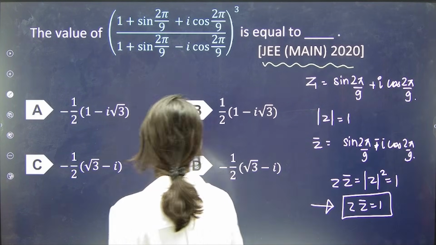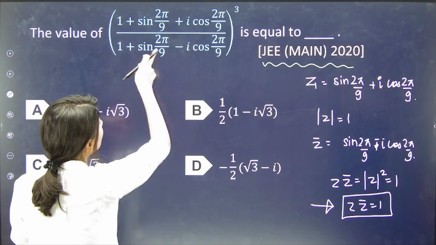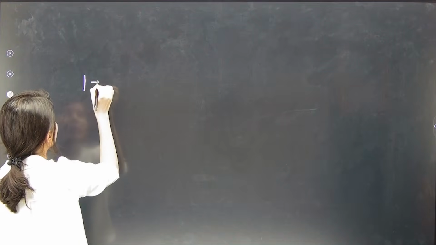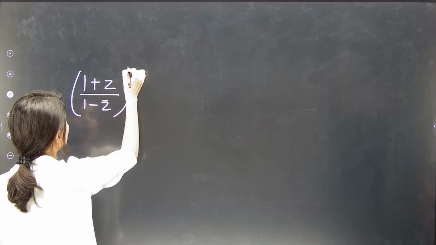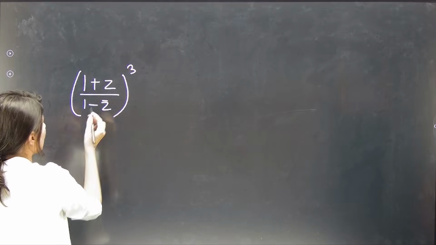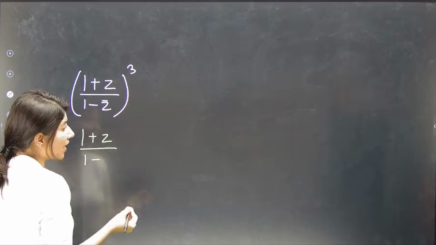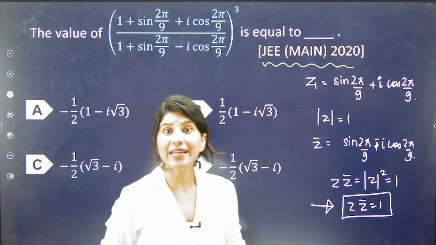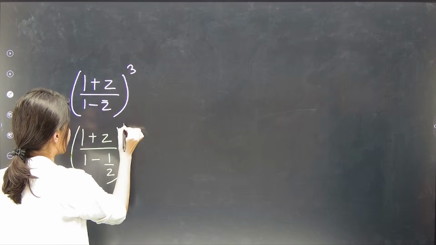Let us rewrite this question in the form of z. 1 plus z upon 1 minus z bar, whole cube. You will understand what I am trying to say. So 1 plus z is as it is. 1 minus z bar, z bar is 1 by z, whole cube is as it is.